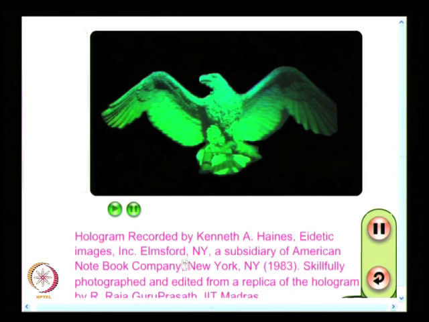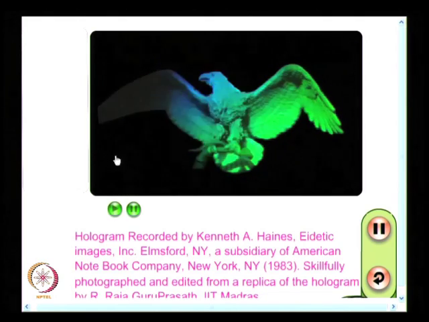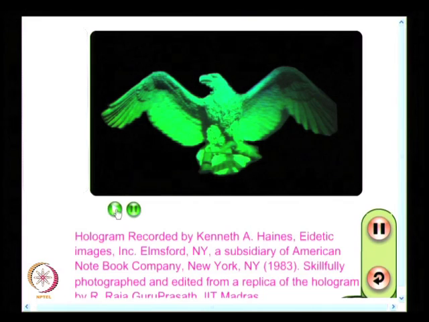It was done in 1983, and this was published in the National Geographic journal as a cover page. They were popularizing holograms at that time, and what you saw here as animation requires skillful photography to reveal and assemble them together.